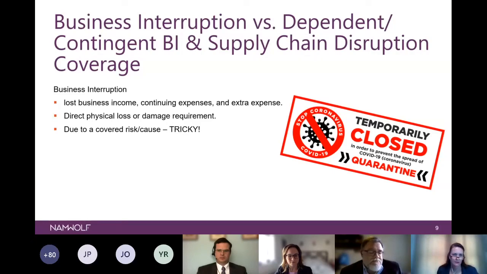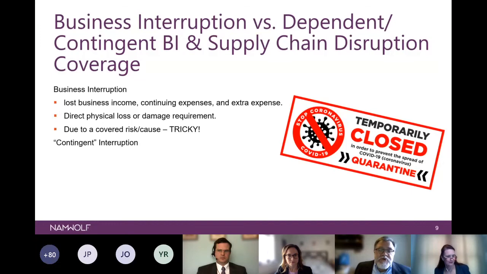And as Joe had mentioned in connection with first-party property insurance, this is likely to be a difficult issue, whether or not the presence of the virus in some property is a covered cause of loss, and it's going to be a matter of much dispute. And I think it's going to be very important to look at the way different jurisdictions are going to interpret that.